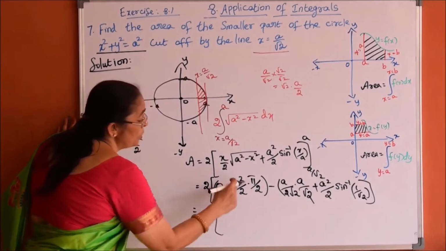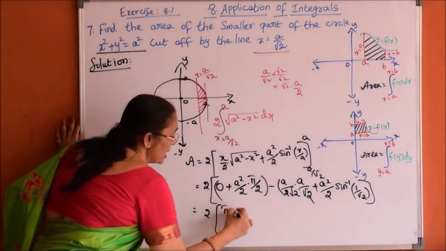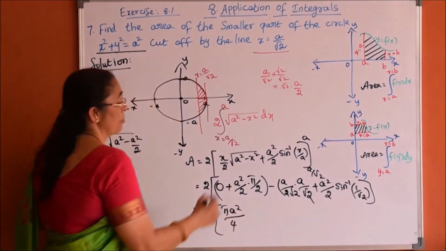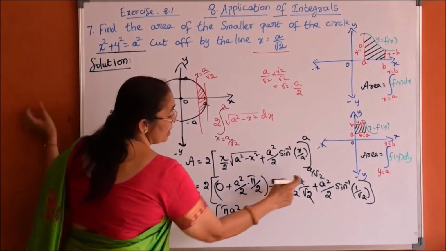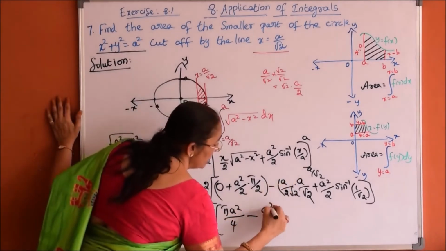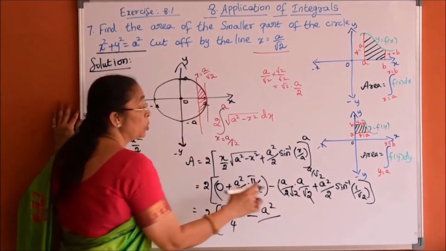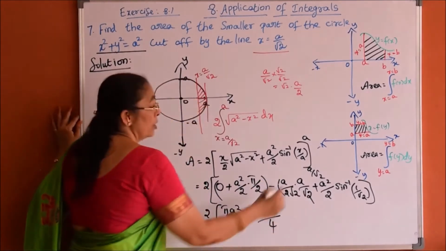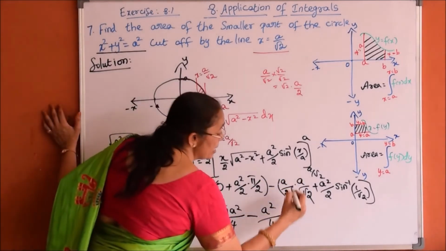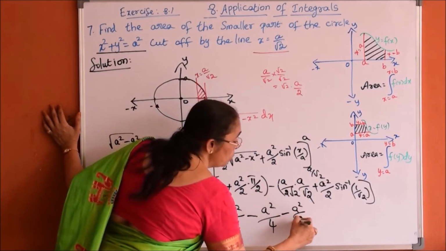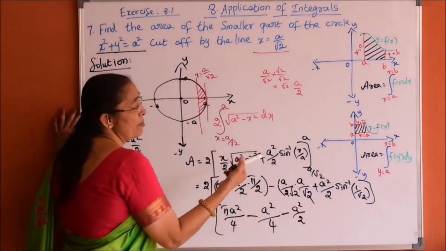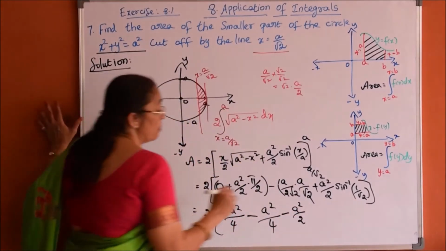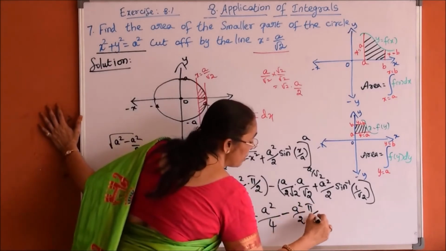Here 0, the first term is pi a square by 4 minus this term, which will be a square divided by root 2 into root 2, 2 2s are 4. Now, minus a square by 2 into sine inverse of 1 by root 2, which is pi by 4.